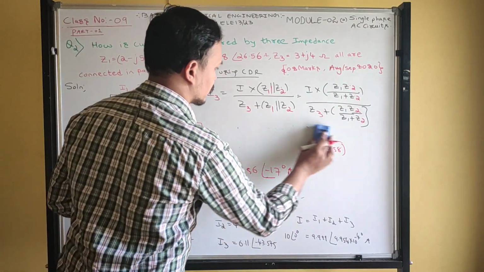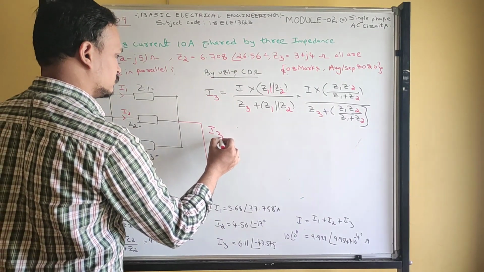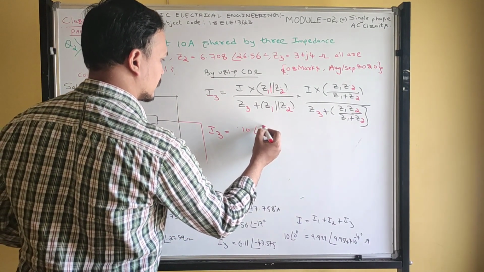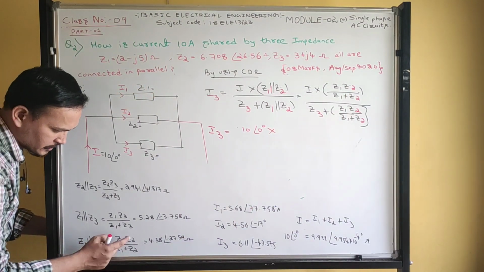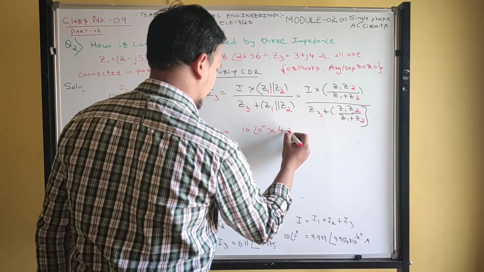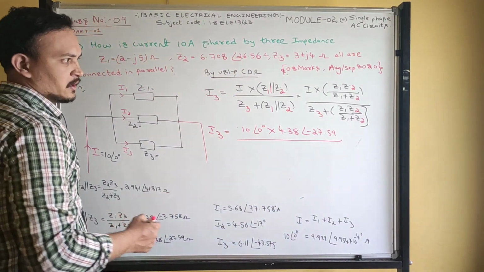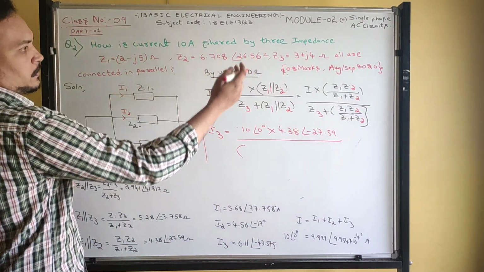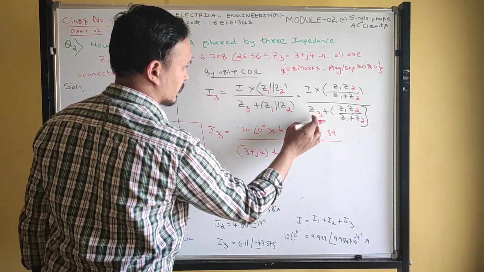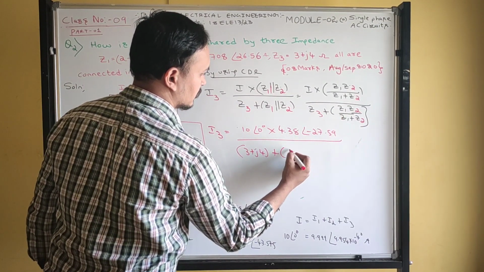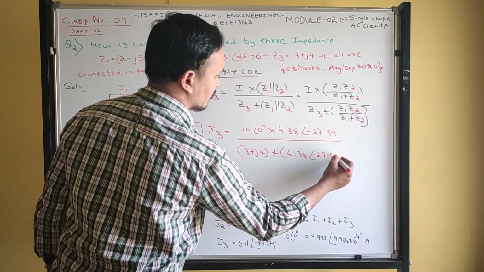Now substitute those values, and you will get the I3 current. So I3 is equal to 10 at an angle 0 degree into Z1 parallel Z2, Z1 Z2 divided by Z1 plus Z2. I already did the calculations: 4.38 at an angle of minus 27.59, divided by what is Z3? 3 plus J4, plus this combination, 4.38 at an angle of minus 27.59.